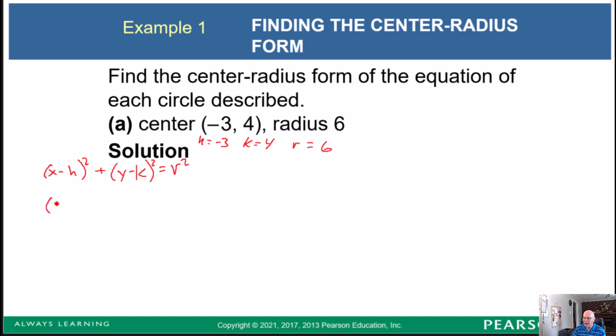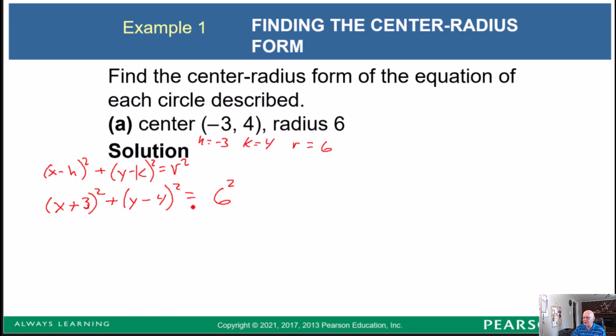So we've got x minus a -3 is +3 squared plus y minus 4 squared equals 6 squared.